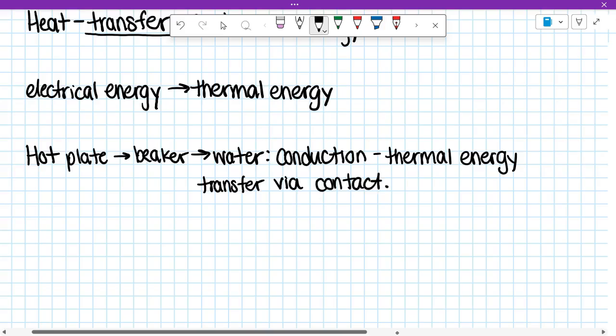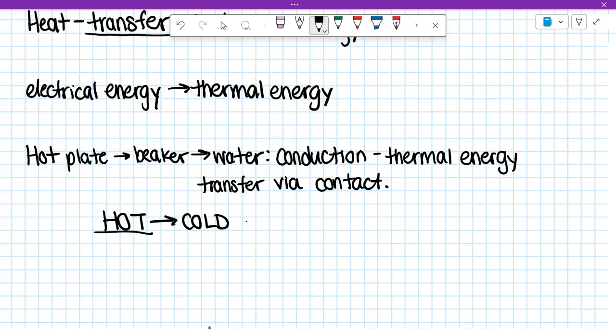Okay, so in conduction, we always move from hotter objects to colder objects, right? We heat from hot to cold. Okay? So when the object is hot, thinking back to what we talked about in the very beginning, we have those faster moving molecules.